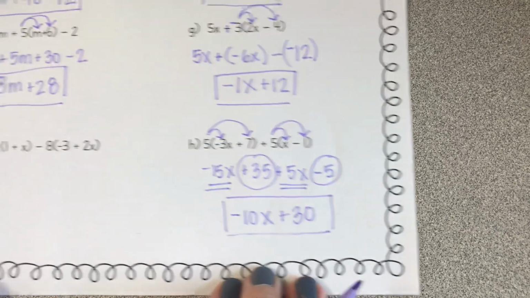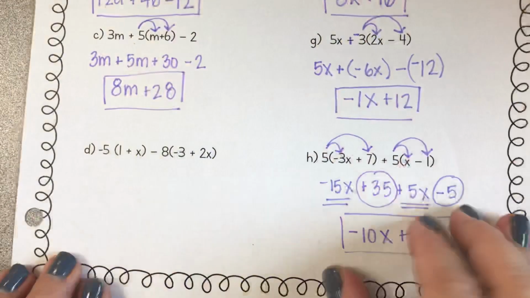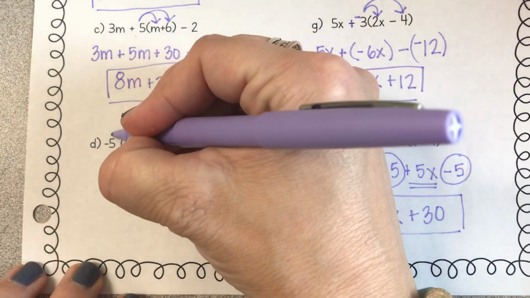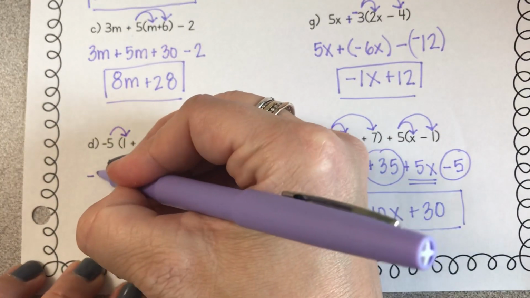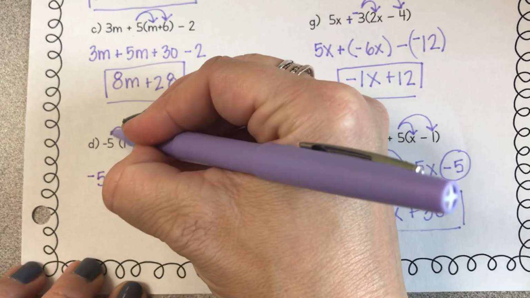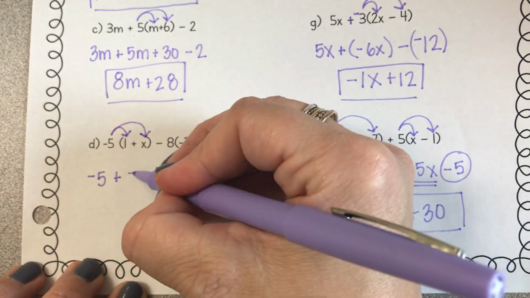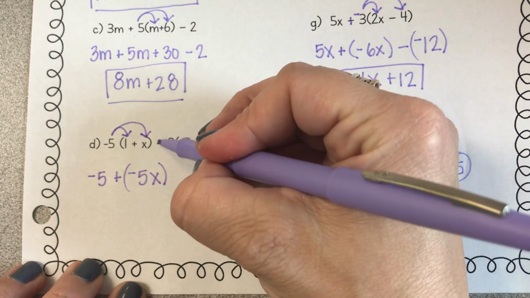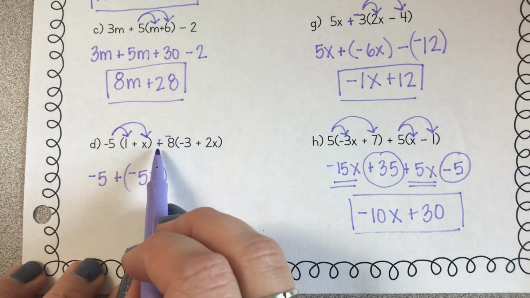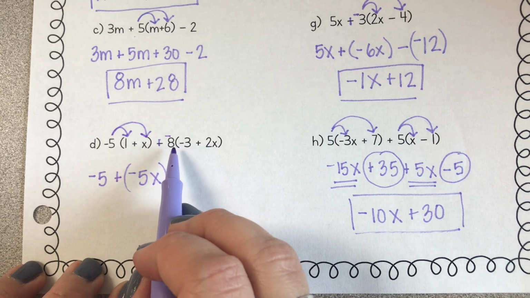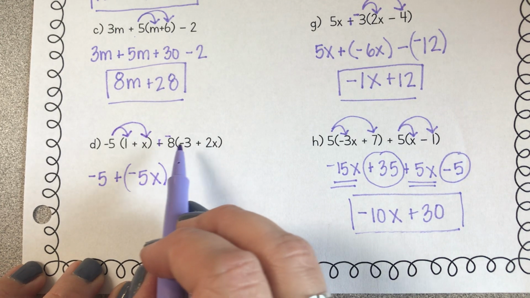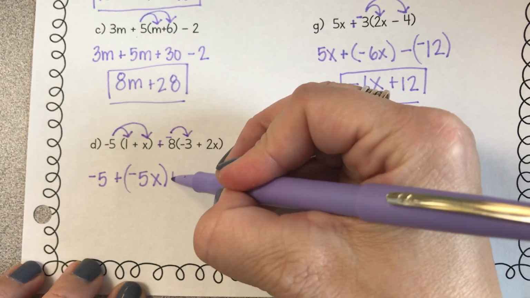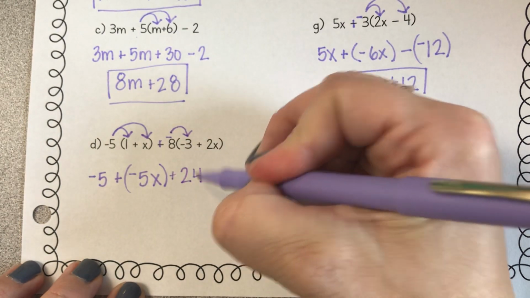Okay, so now that we've done all that, let's come over here to D. I have negative 5 times this whole parentheses. So negative 5 times 1 is negative 5, plus negative 5 times x is negative 5x. Then I'm going to keep, change, change because it's that tricky subtraction sign in front of distributive property. So I'm going to do plus negative 8 times negative 3 is positive 24.